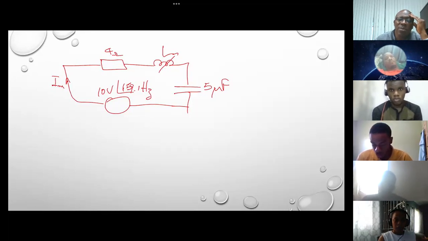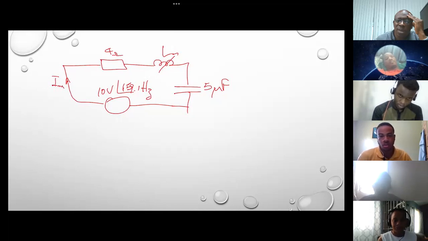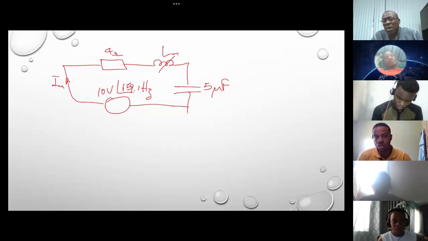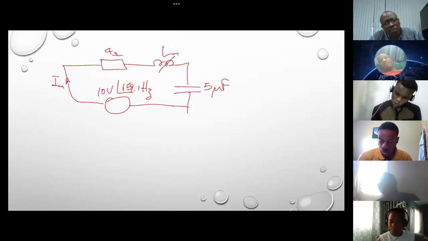So I'm saying, why do I need to find the resonant frequency? Because that's the frequency that the component is operating under. Okay, so how do I find it? How do I find the resonant frequency? Using the formula 1/2 pi square root of L times C.